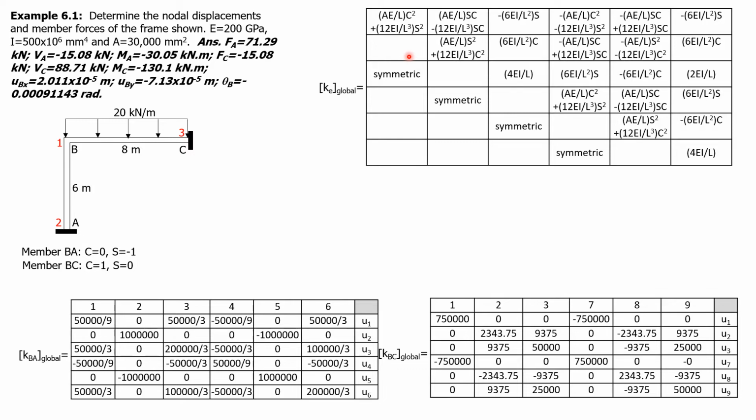So area is 0.03, E is 200 times 10 to the 6, then divided by L, which is 8. So we have 750,000 times cosine square. So cosine is 1, so it is 750,000.